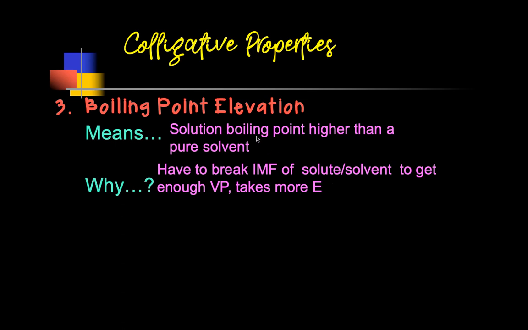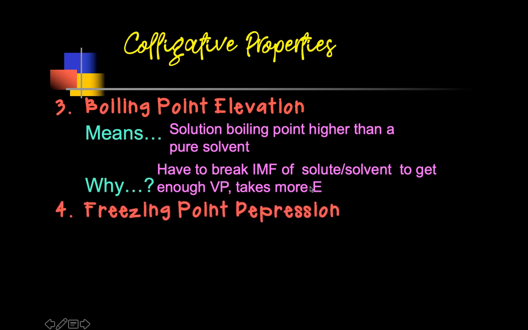That's why they made the solution in the first place. So you have to break apart that attraction before the solvent can turn into vapor, create enough vapor pressure to overcome atmospheric pressure that's trying to keep everything inside your solution. And so that takes more energy. So the boiling point number, the temperature at which it boils, will be higher.